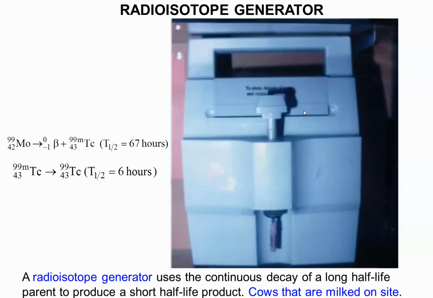Then just before injection to the patient, technetium-99 is flushed down into a vial, and there is 6 hours to image the brain and so on. These are referred to as cows that are milked on site, used for brain surgery, among others.